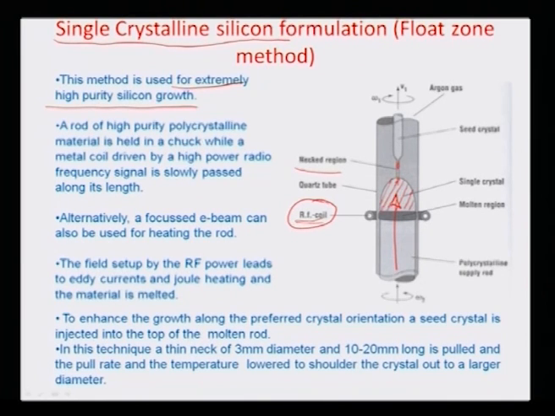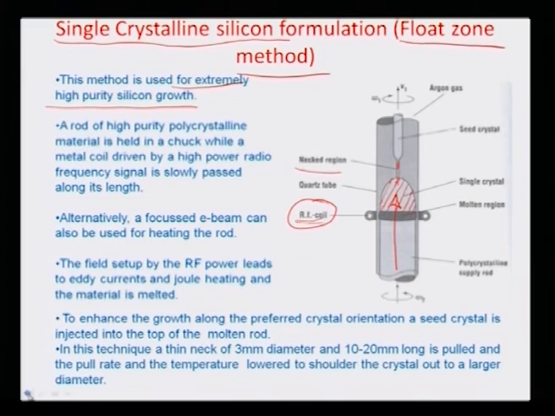Here most of the heating means are RF based, so that this is non-contact mediated, and there are no thermal dislocations whatsoever in the particular crystal. So that is another method of formulation of single crystalline silicon known as the float zone method.